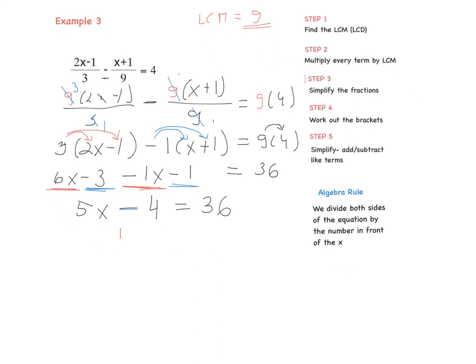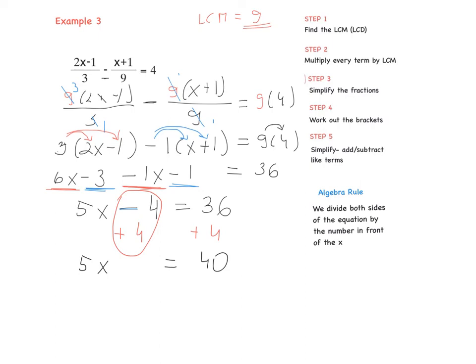Okay, so plus 4, so this is another algebra rule you should know and follow, okay? What we do on the left side, we need to do on the right side, and keep letters on the left, numbers on the right, okay? So then we don't have 4 anymore in this side, so we have just 5x, and 36 plus 4 is 40.